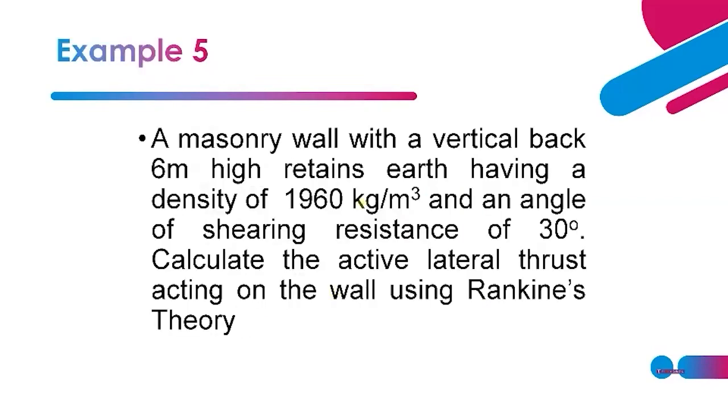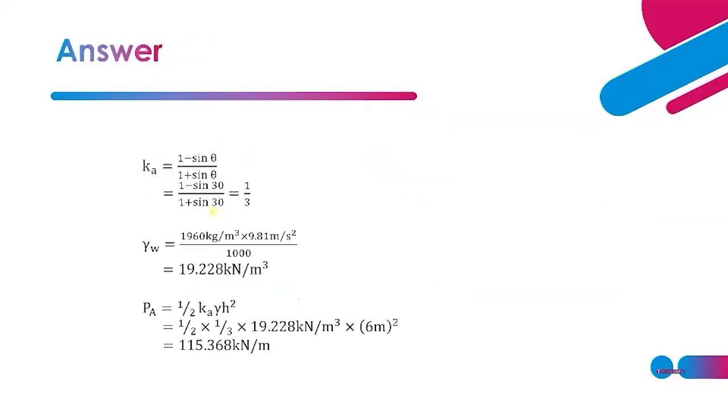The next question is, a masonry wall with a vertical back 6 meter high retains earth having a density of 19. Here dia bagi density. And angle of shearing resistance of 30 degrees. This is theta. Calculate the active lateral thrust on the wall using Rankine's theory. You have to calculate the value of Ka.